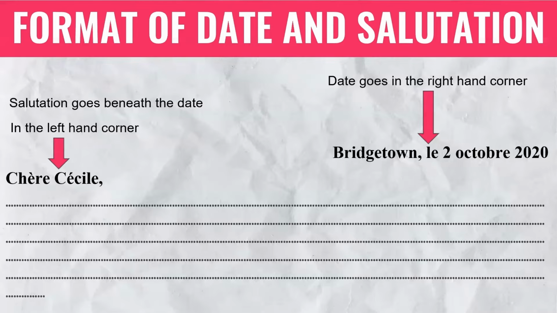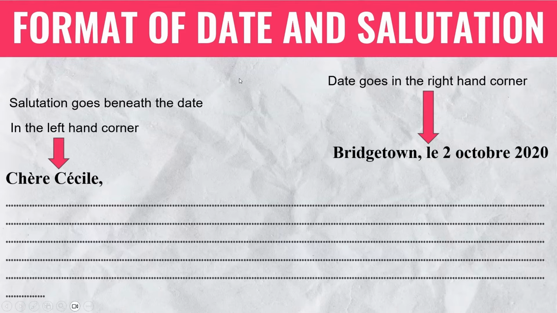Let's move on. So we have the format of date and salutation. When you're writing your letter, make sure the date goes in the right-hand corner of the page. If you look carefully, this is the right-hand corner, and you see Bridgetown le 2 octobre 2020.